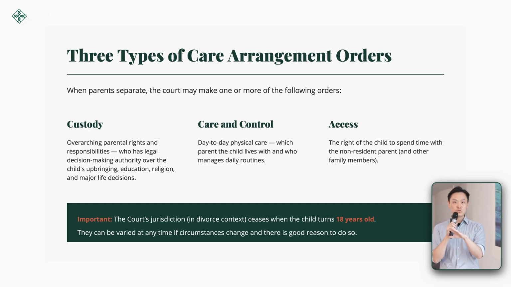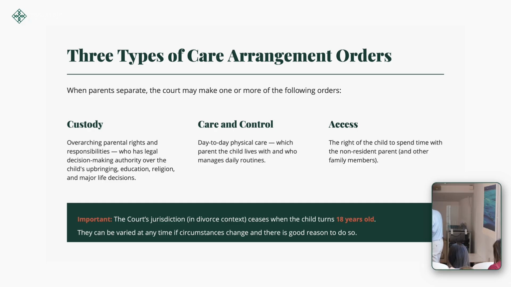If the child is mentally incapacitated or somehow falls within the Mental Health Ordinance jurisdiction, then we can invoke the High Court's jurisdiction to deal with the child in that regard, but not in the context of divorce.